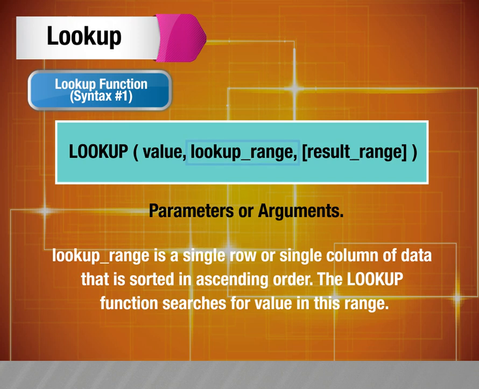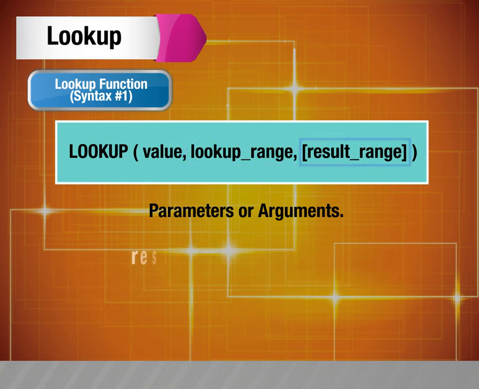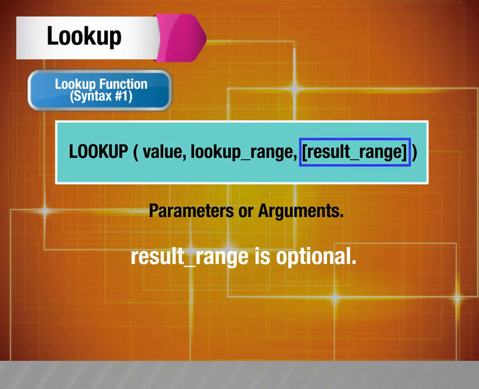Lookup range is a single row or single column of data that is sorted in ascending order. The lookup function searches for value in this range. Result range is optional.